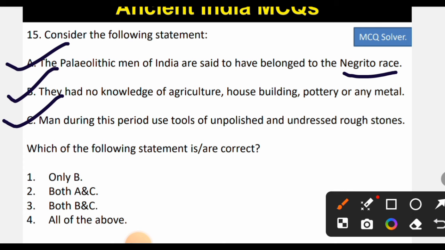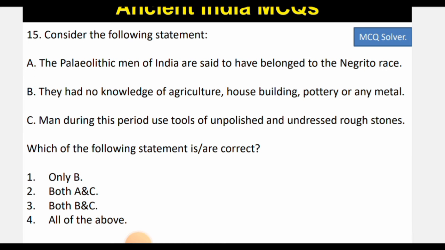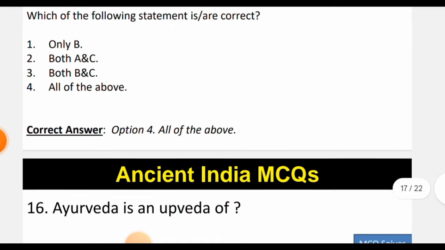During the early phase of the Paleolithic age, the men were not aware of polished tools, which are microliths. They first used stones which were unpolished or undressed. So all the above statements are correct. The correct option is option 4, that is all of the above.